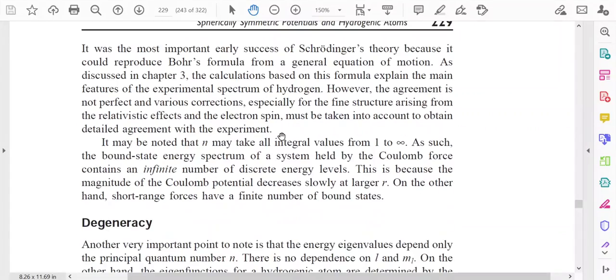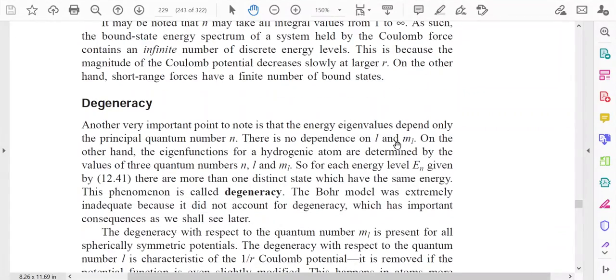On the other hand, the eigenfunctions for a hydrogen atom are determined by the values of the three quantum numbers n, l and m_l. We have already read about the eigenfunction, the spherical harmonics, which depends on all three quantum numbers, but the energy eigenvalue depends only on n.